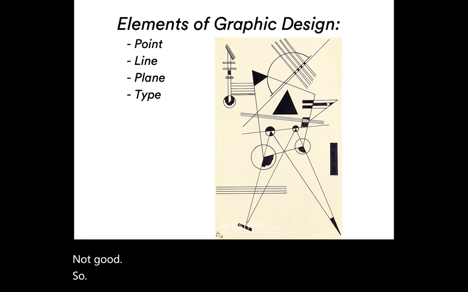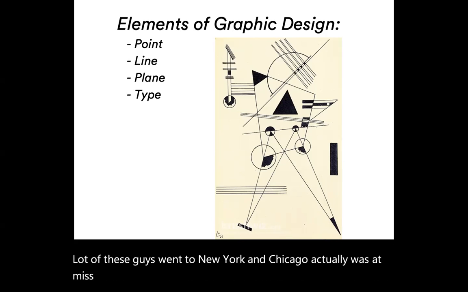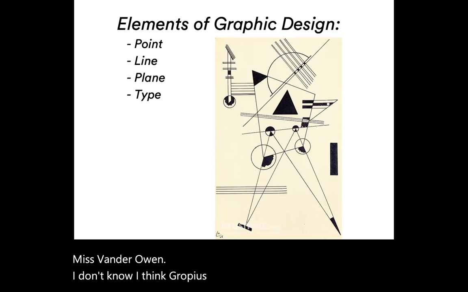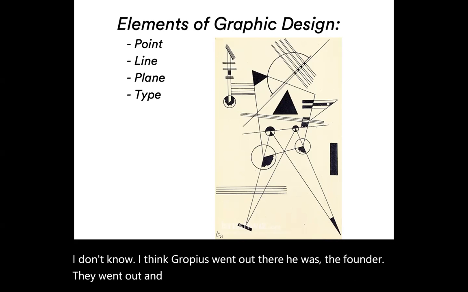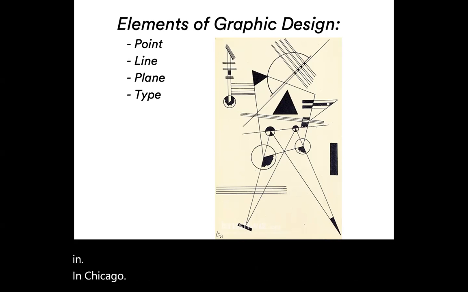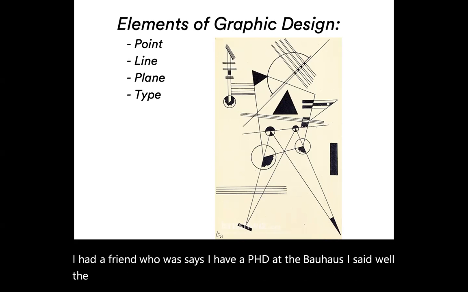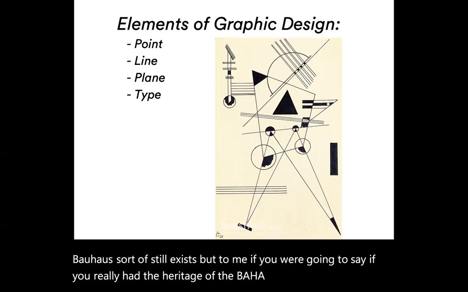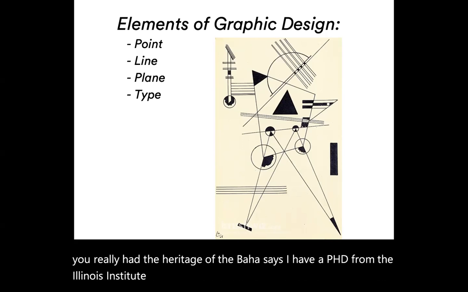So a lot of these guys went to New York and Chicago. Actually, was it Mies van der Rohe? I think Gropius went out there too; he was the founder. They started the Illinois Institute of Technology in Chicago. The interesting thing to me is that I had a friend who said, "Oh, I have a PhD at the Bauhaus." I said, "Well, the Bauhaus sort of still exists, but if you really had the heritage of the Bauhaus, I have a PhD from the Illinois Institute of Technology." But that's all right.